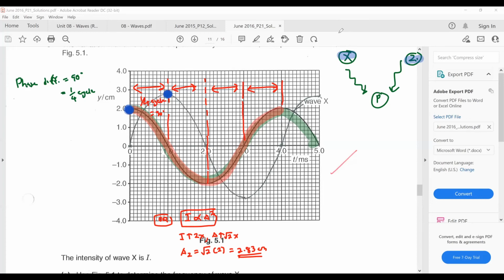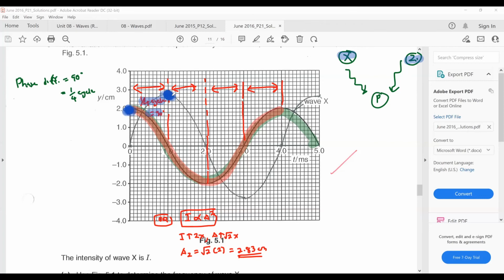So right now, wave Z would be this one. If I pick the crest as my reference point, I need to shift the crest by a quarter of a cycle or 90 degrees. So my crest starts here.